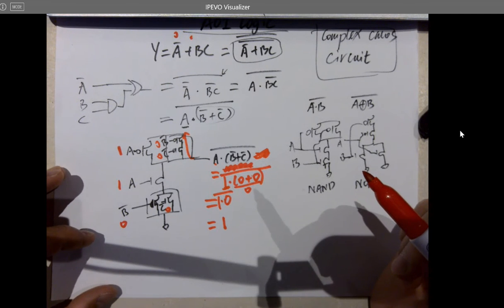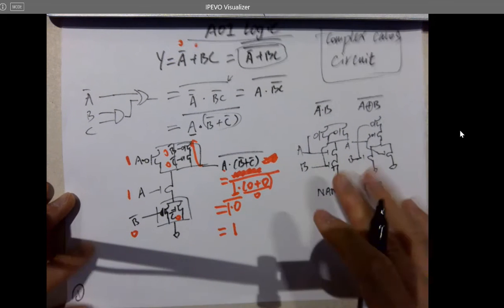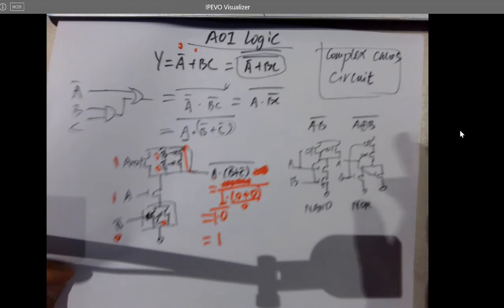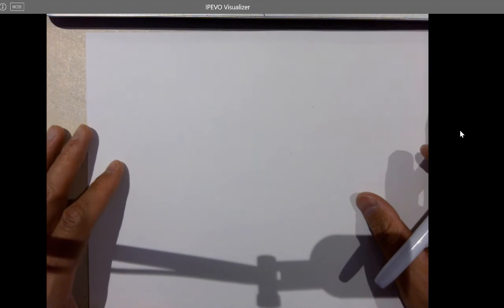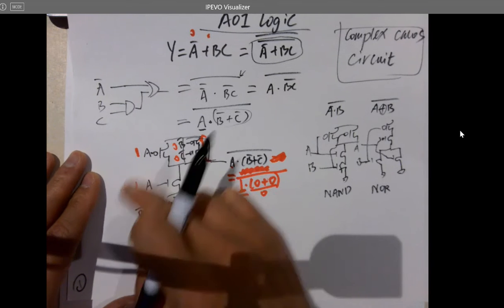This is for this logic. So let's get another example here. So one more question, is there another way to do this instead of just putting everything in one complex CMOS circuit?